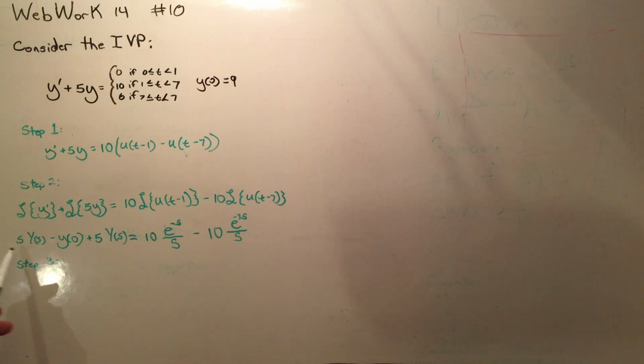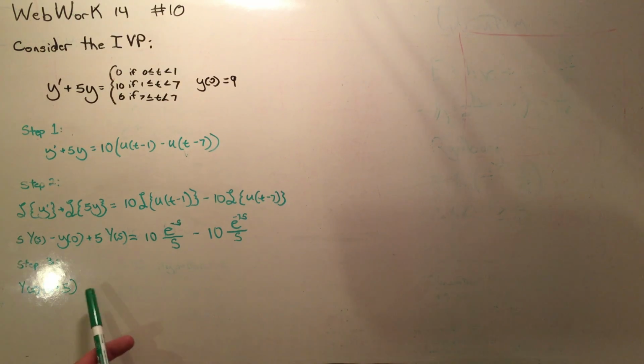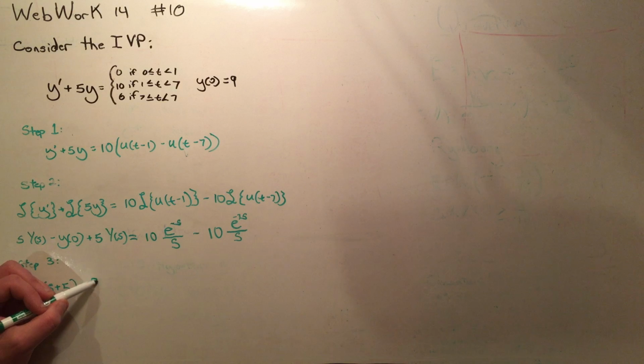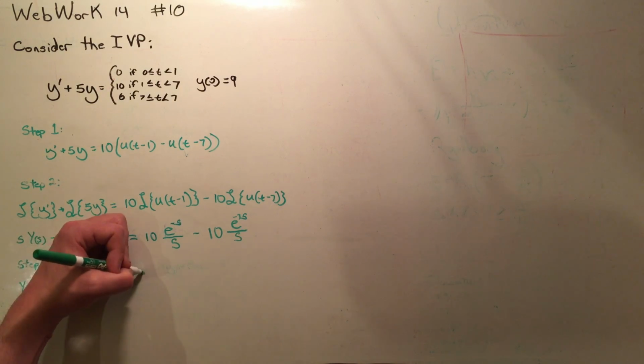We're going to end up with Y of s times s plus 5. Apologize if those look too similar. And then we're going to have our 9 here, so minus 9 equals our right side of the equation.